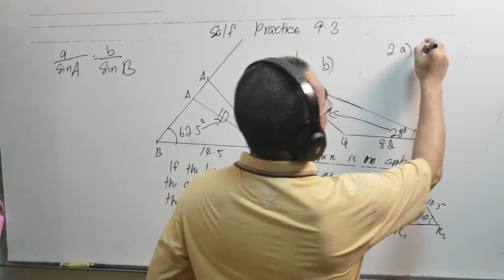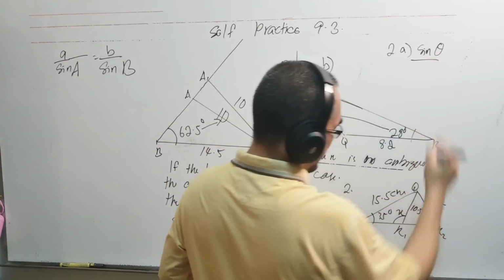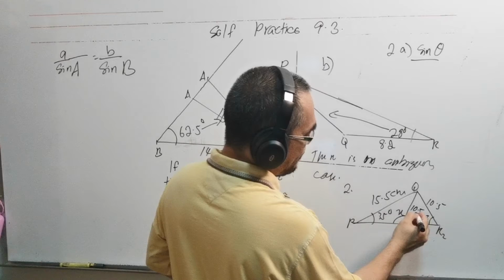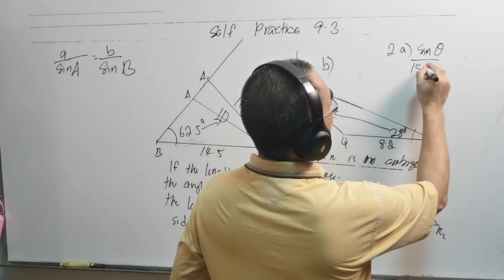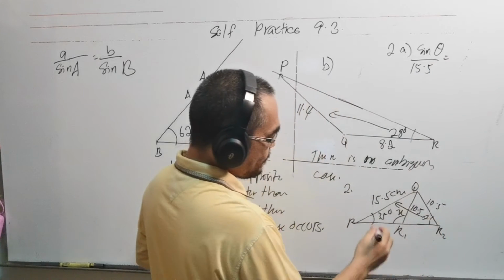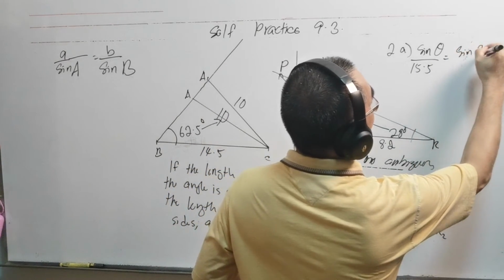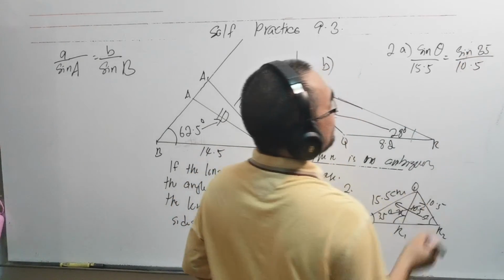We say sine theta over 15.5, okay, not the 10.5, is equals to sine 35 over 10.5.